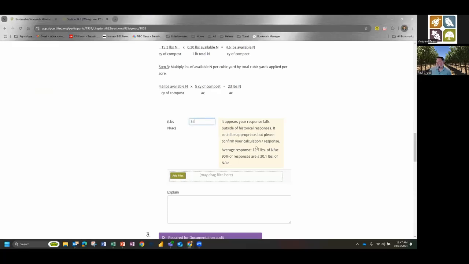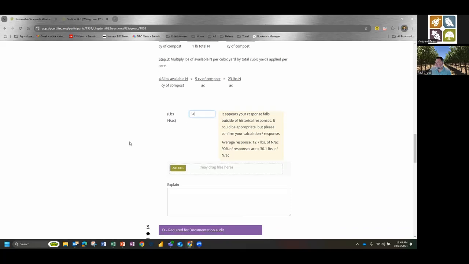Sorry. And it looks like it fell outside of historical responses, because again, let's just say that 5 tons is, I don't know, 8 cubic yards, which is maybe more than some people might apply. But that's why it wants us to go back and double check that.